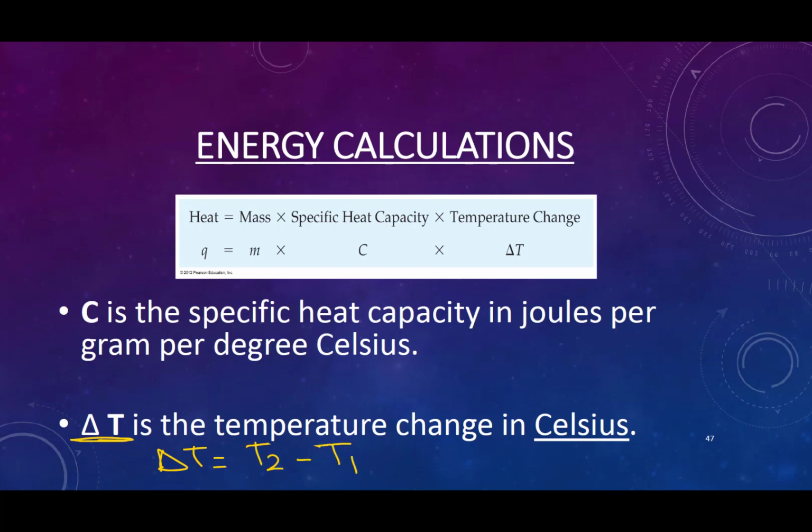When you are doing the subtraction, make sure the unit is in degrees Celsius. If not, you need to convert it. You cannot subtract two numbers of different units. And you have to follow the decimal rule because we are subtracting numbers. Do not forget that.